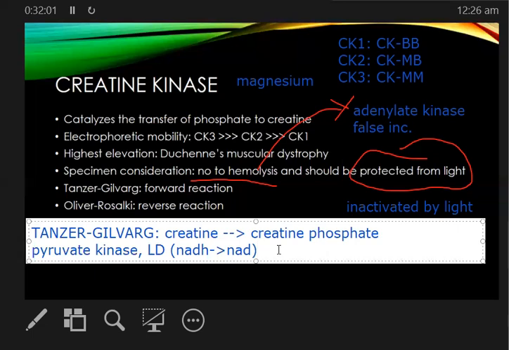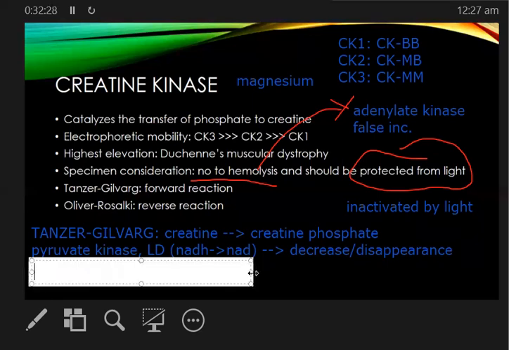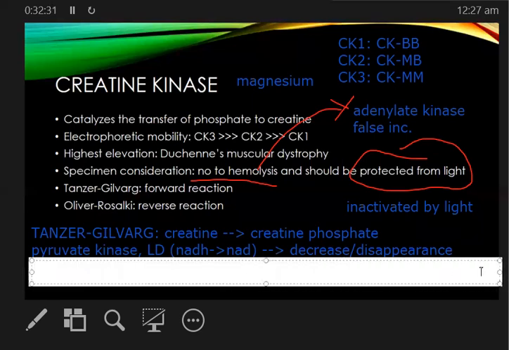So that means, remember, what we can measure is your NADH. So if your NADH is being converted, what we are measuring is a decrease, di ba? Or a disappearance of your NADH, again, at what wavelength? We have 340 nanometers.